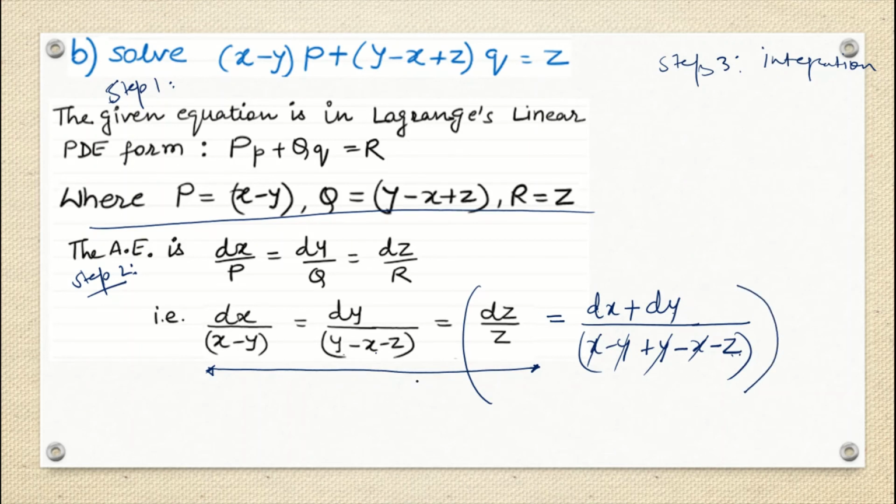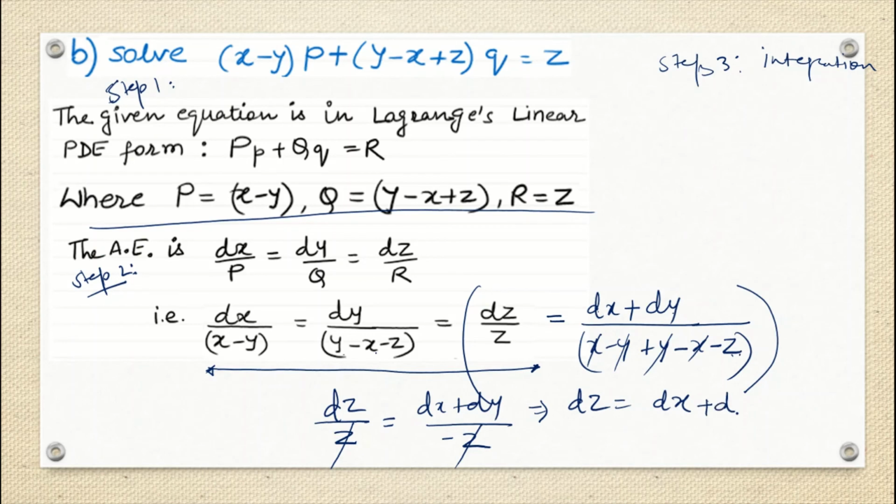Okay, that means if I write down dz by z equals (dx plus dy) by minus z, so this z and this z get cancelled, and then I can say that dz is dx plus dy. And then minus is there, so minus somewhere if I write down here, and then I am going to integrate in this fashion.